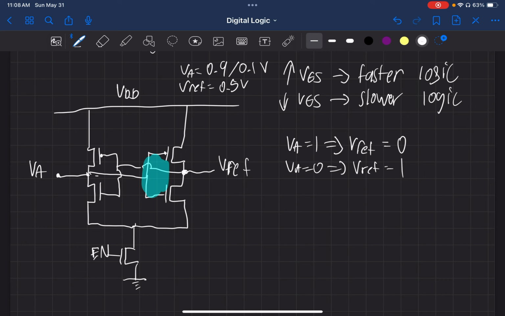This is the general idea: if VA is any closer to a one or a zero, and this is defined by VDD, of course, if it's any closer to VDD or ground, so basically closer to this or that, then VREF, which is right in the middle, VA is going to win.